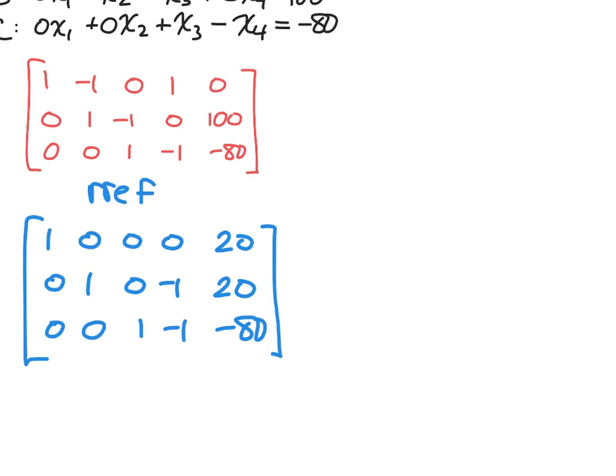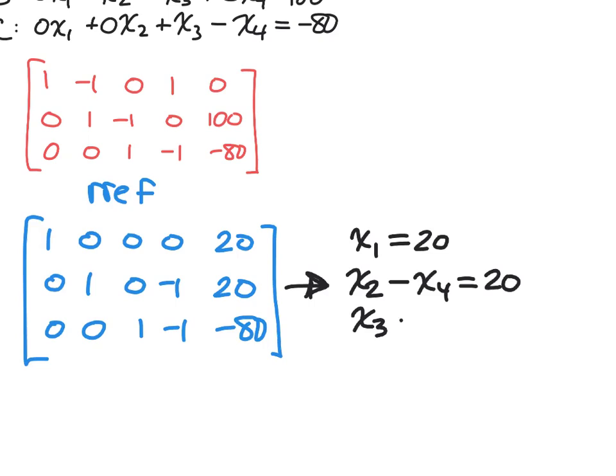But we do want to put it in the appropriate solution form, which most conveniently is the parametric form. So we'd have x1 equals 20, x2 minus x4 is equal to 20, x3 minus x4 equals negative 80, which implies that x4 is my free variable.